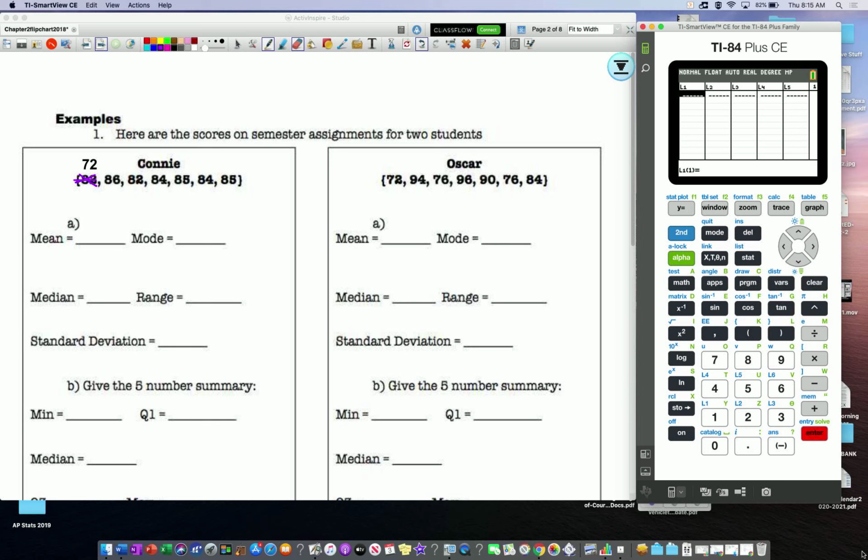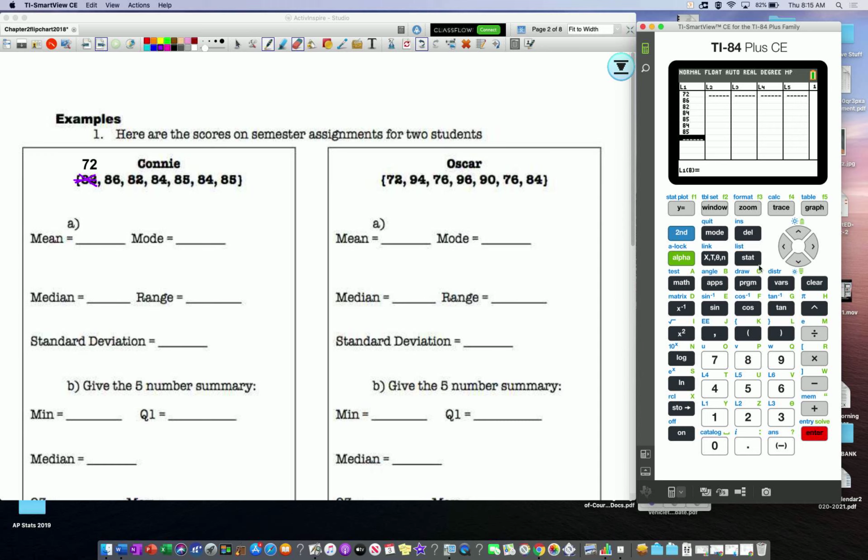Now I can just start typing in the data points. 72, 86, and what's nice is they don't have to be in order. 82, 84, 85, 84, and 85. All right, I have my seven assignment scores.